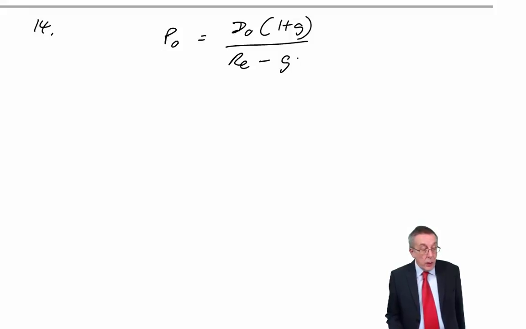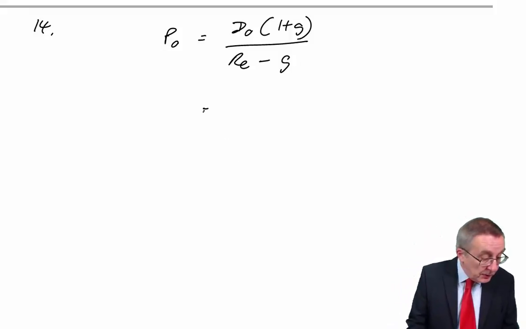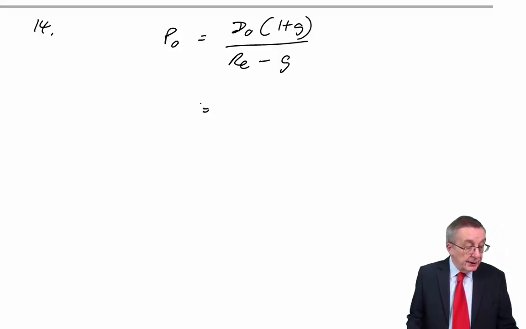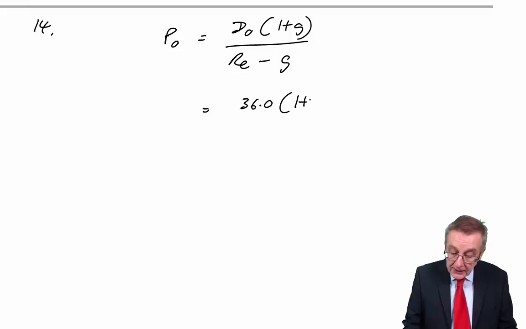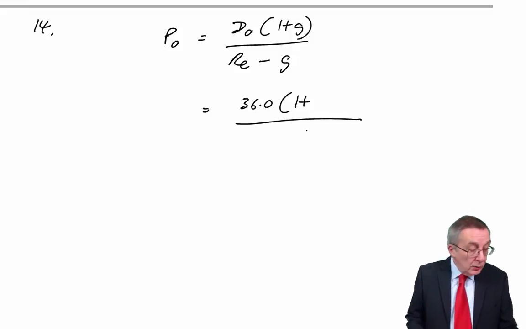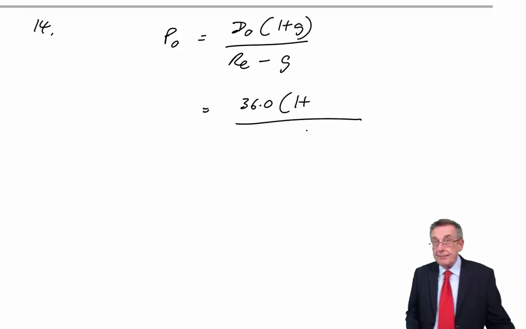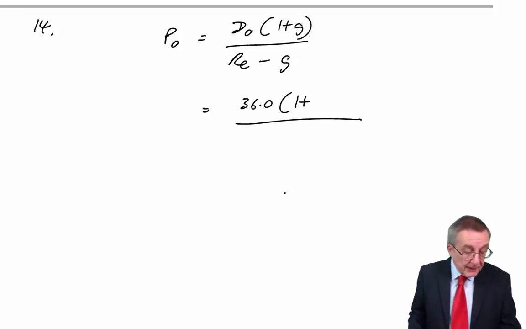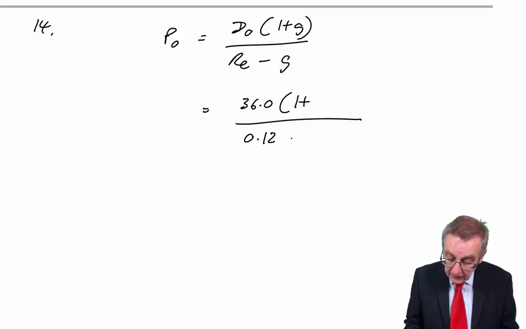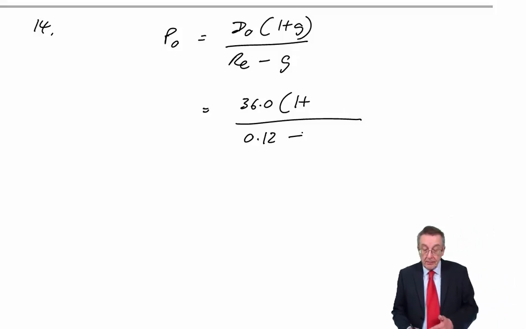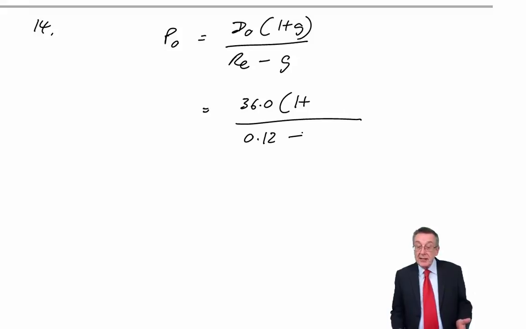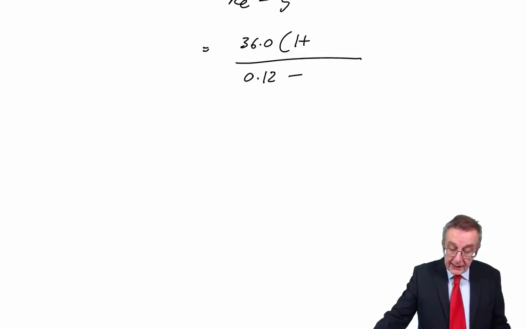The dividend for 2013 has just been paid, so the current dividend in cents is 36, times 1 plus the growth rate, which I'll come back to, over Re, strictly the shareholders' required return, but that is the same as the cost of equity, 0.12, minus the growth rate.